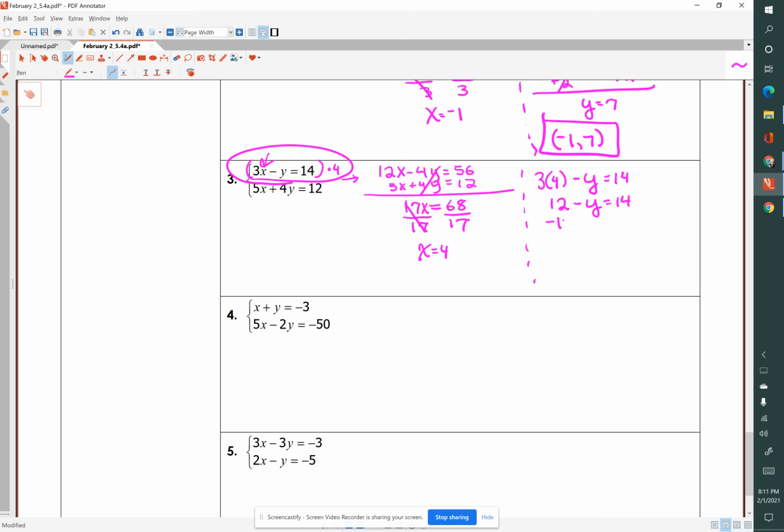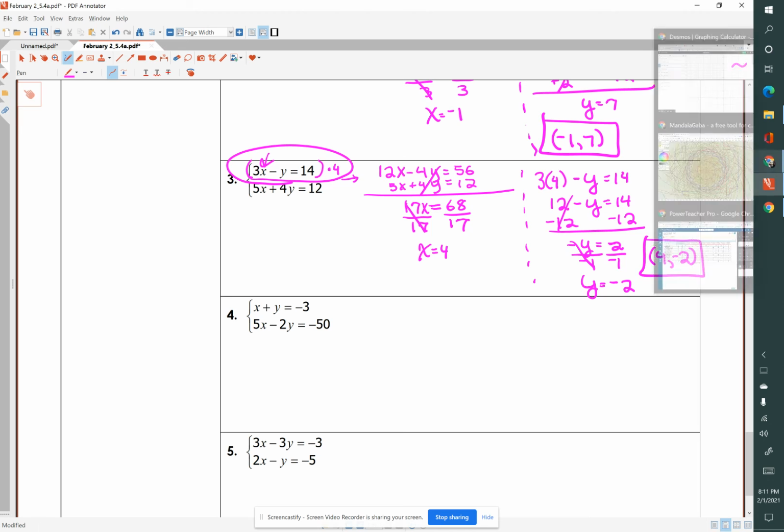I will subtract 12 from each side, and I have negative y, don't forget your negative, equals 2. And then I'll divide by negative 1. And y equals negative 2. And my ordered pair is 4, negative 2.